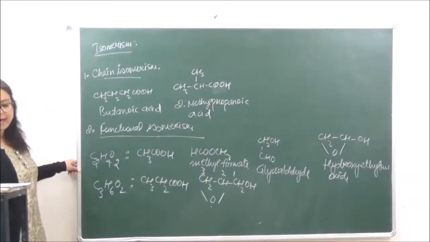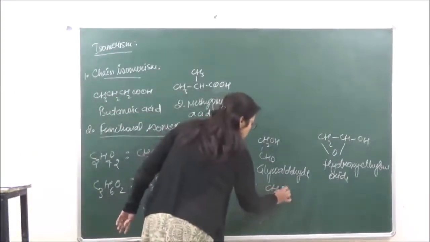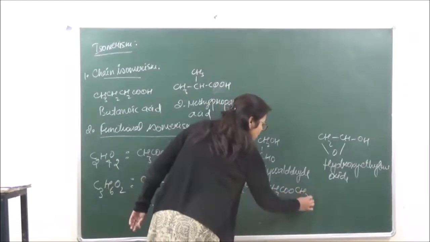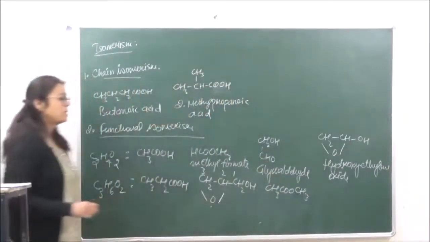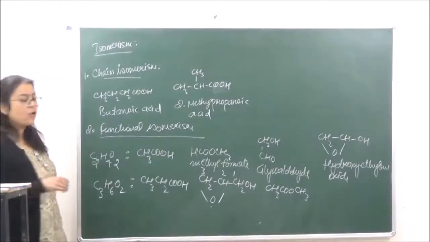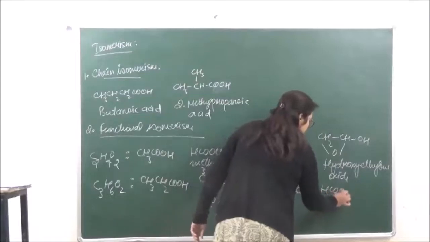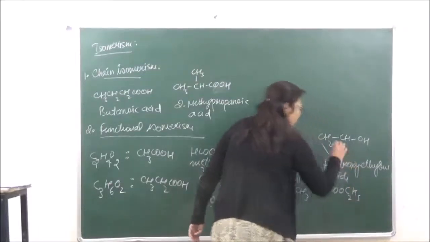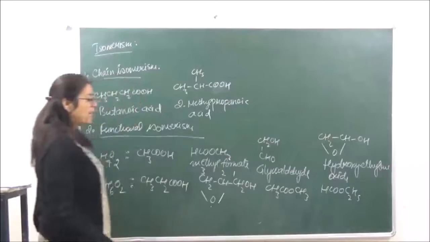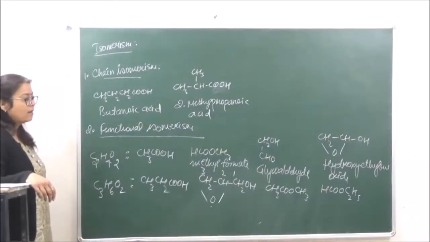Or this can have methyl acetate, CH3COOCH3, as one of the functional isomers. Then it can also have a functional isomer of this type, which is going to be ethyl formate.